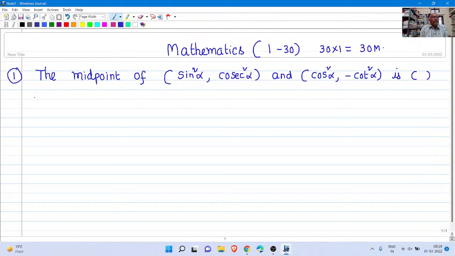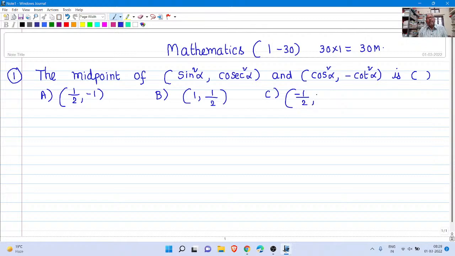Option A: 1 upon 2 comma minus 1. Option B: 1 comma 1 upon 2. Option C: minus 1 upon 2 comma minus 1 upon 2. D: 1 upon 2 comma 1 upon 2.